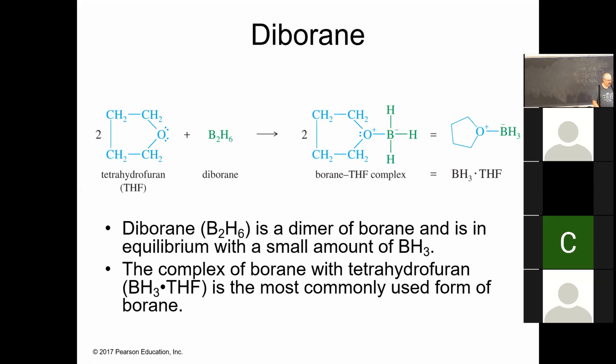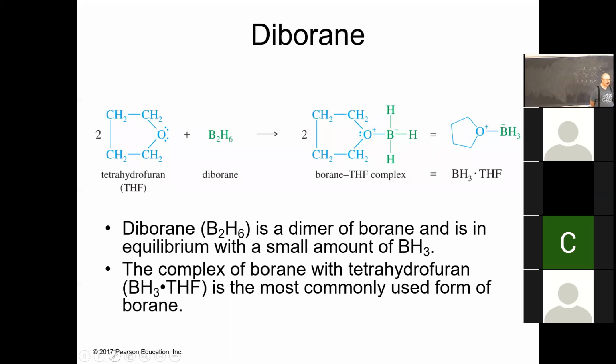Right, diborane is a dimer of BH3, which is borane. Borane is extremely reactive. It spontaneously dimerizes. And diborane is the more stable form.